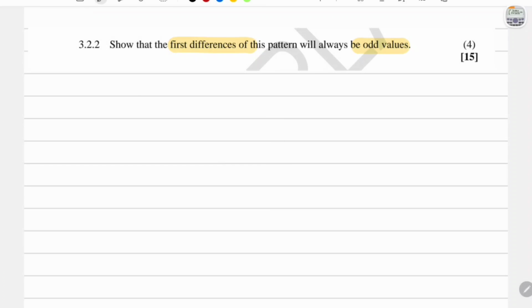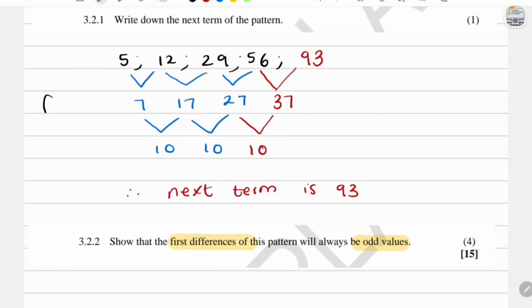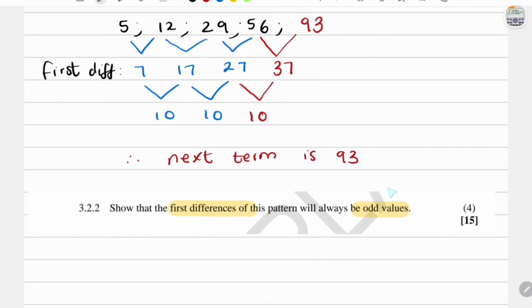So since they're speaking about the values of the first differences, let's look at what brings out those values. These are our first differences. Let's go ahead and find the Tn formula, because they want us to show that they're always going to have odd values. What tells you about the values of these patterns is the Tn formula.